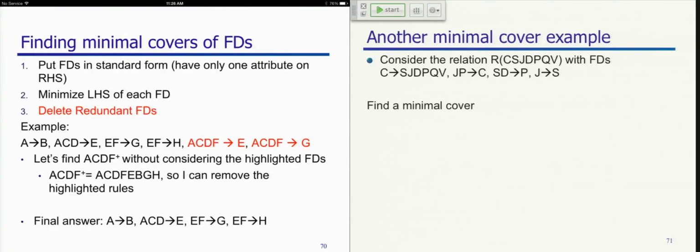Everything's set up for C goes to everything, because you're dropping down. So, defining the closure of JP with that, what if the closure of JP without the same?